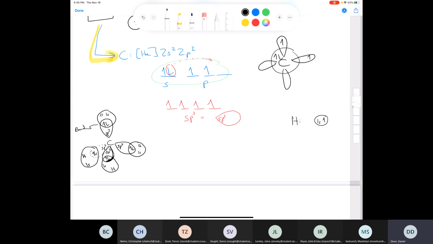It says molecular geometry and hybridization of atomic orbitals. So we're taking atomic orbitals, s orbitals and p orbitals, and we're mixing them together, and we're making hybrid orbitals. And that explains why carbon can adopt a tetrahedral molecular geometry. We have to hybridize the orbitals in order to explain this.